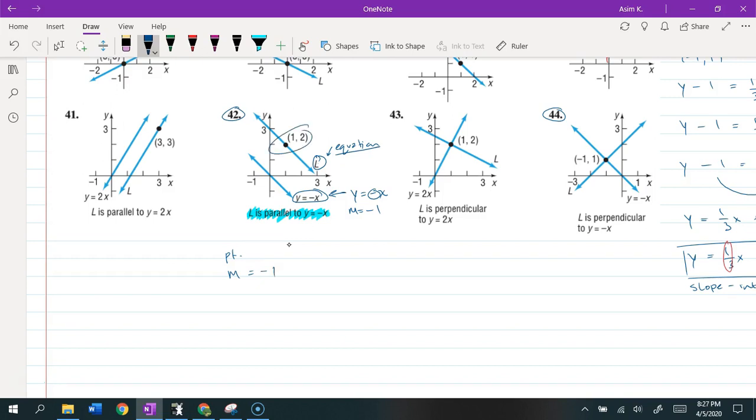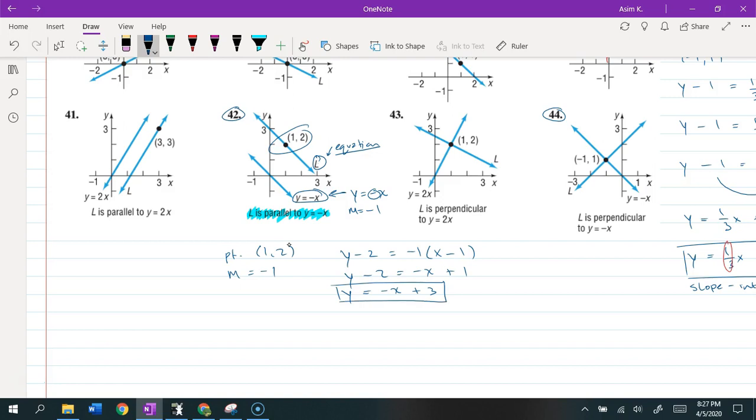Now, what point does our line go through? It goes through 1, 2, and once again, you've got everything that you need to really quickly establish the equation of this line. So here I am plugging into the point slope form. This one doesn't have any fractions, so there's no reason to make any silly mistakes with it, I would imagine. So you end up with -x plus 3 as the equation of this line.